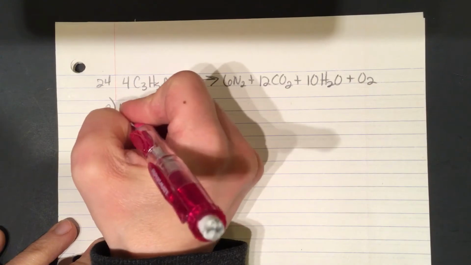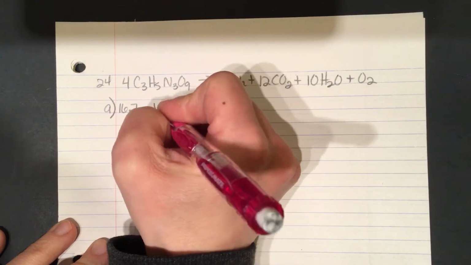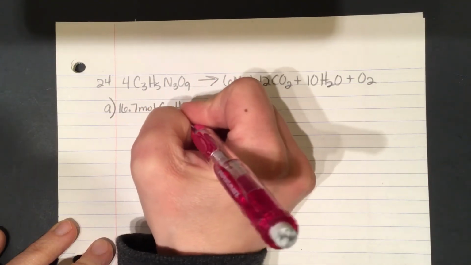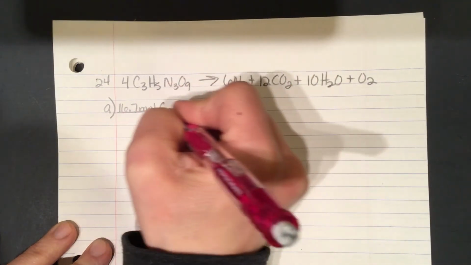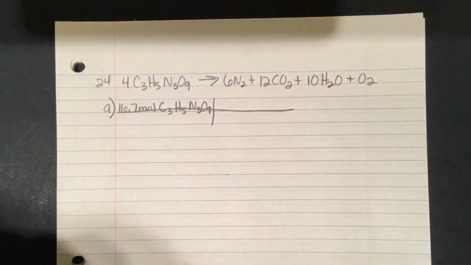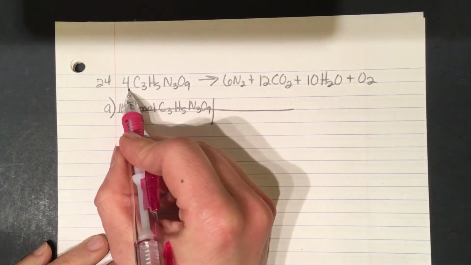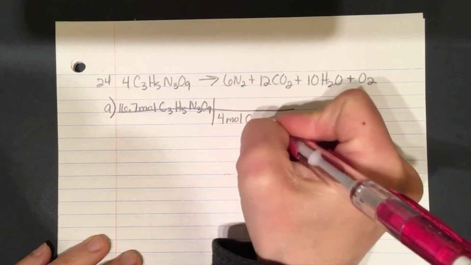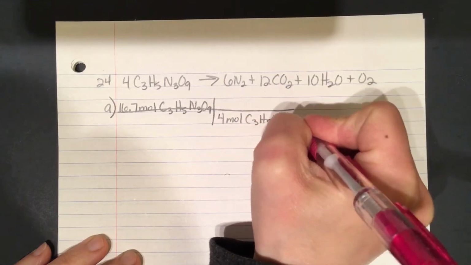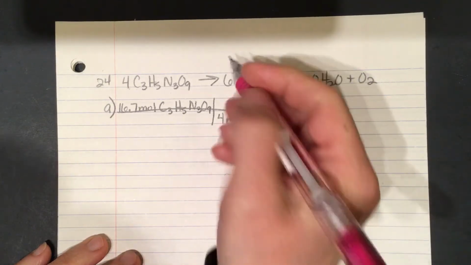So we have 16.7 moles of nitroglycerin. Now I'm already in moles, so I can go right to my molar ratio. And so if I look here, 4 moles of nitroglycerin will react to produce, I'm after nitrogen, 6 moles of nitrogen.